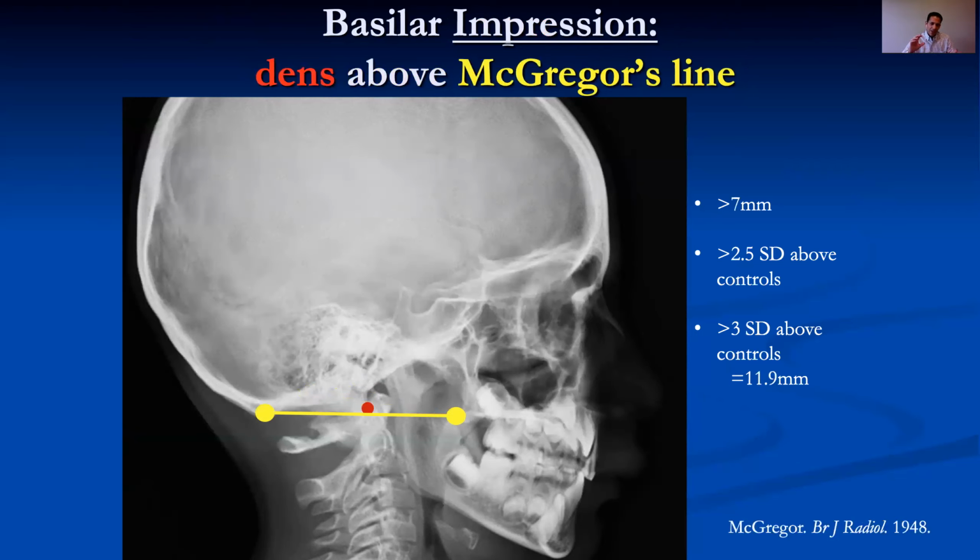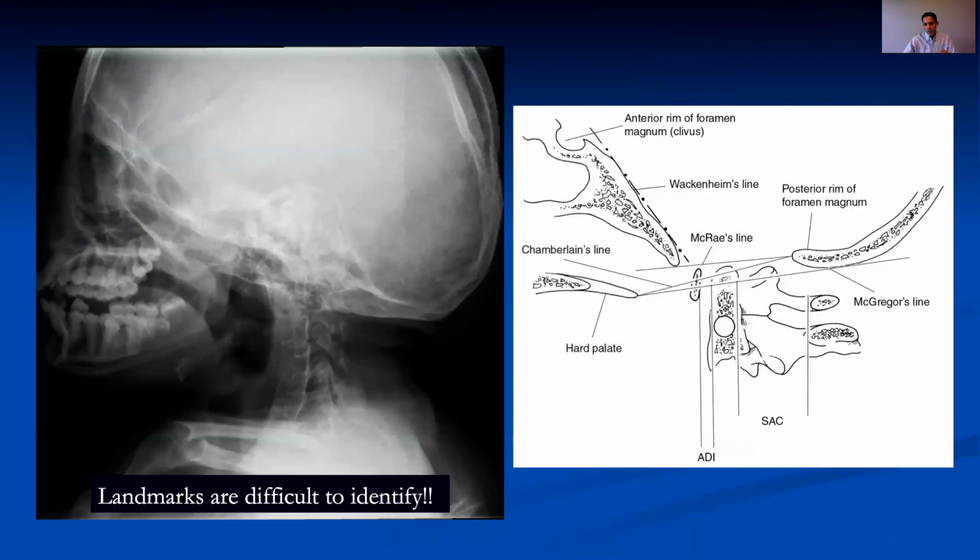So all of these lines are chosen for different landmarks that are available to look at the skull, and all of them may have different implications. This is a diagram in a pictorial format on your right, and you can see how many different lines different physicians have described. And then you try to correlate with that X-ray on the left, and you really can't make out some of these landmarks that are so nicely outlined on the drawing.